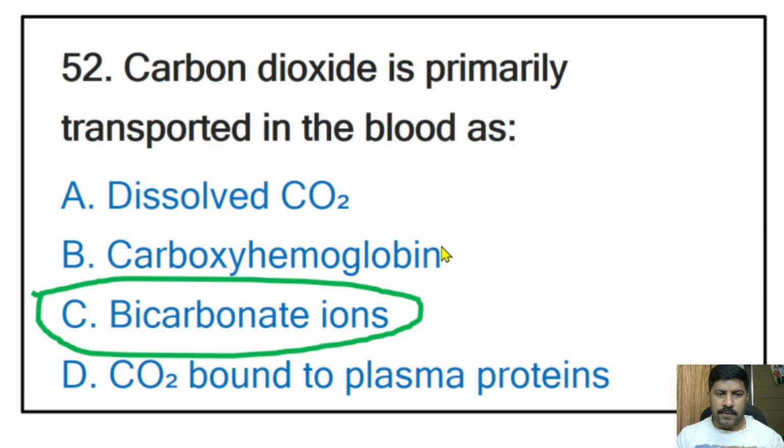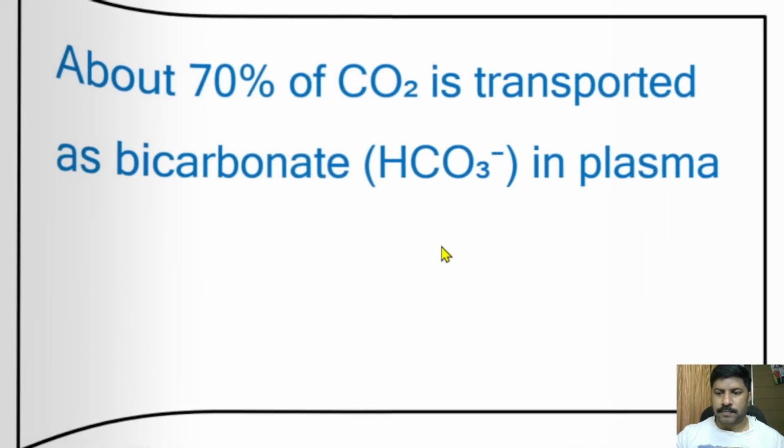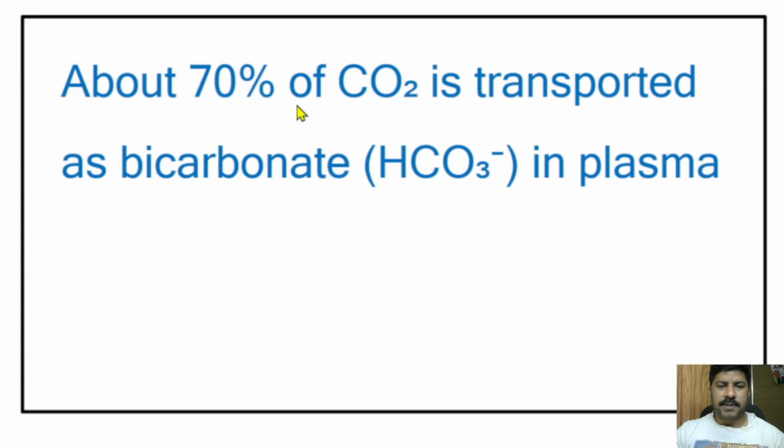So there are two terms: carbamino means carbon dioxide with hemoglobin, carboxyhemoglobin means carbon monoxide with hemoglobin. About 70% of carbon dioxide is transported as bicarbonate in plasma.